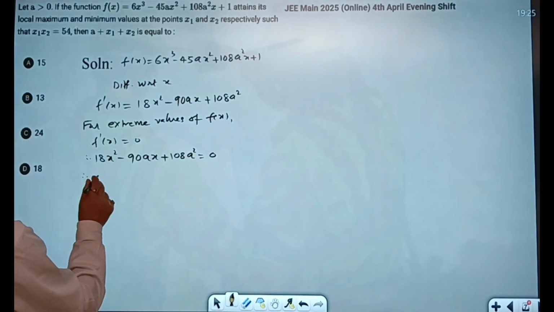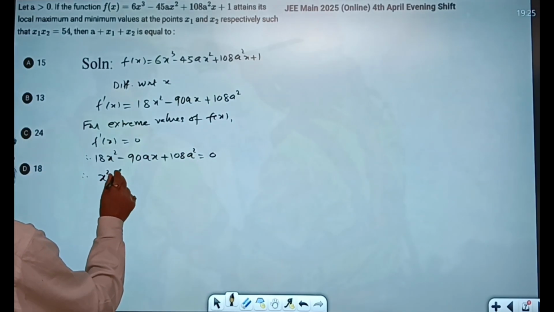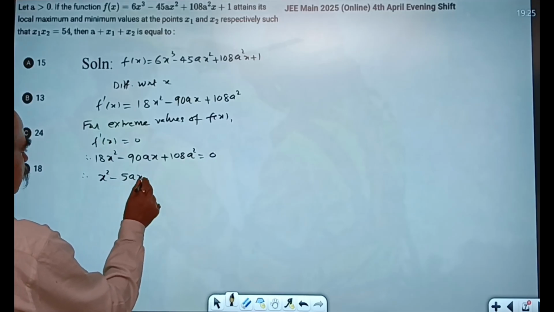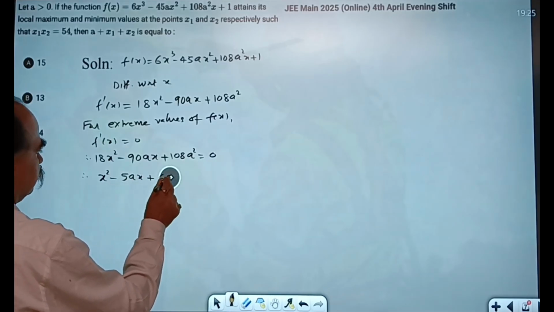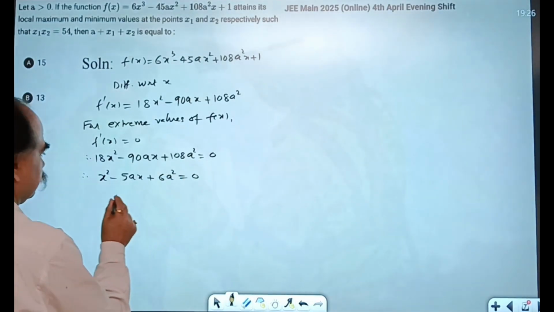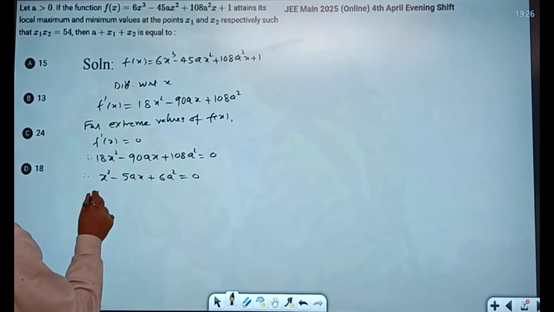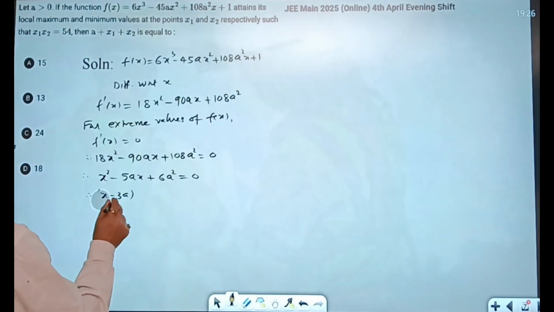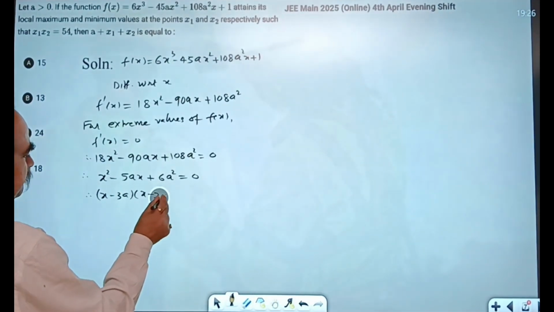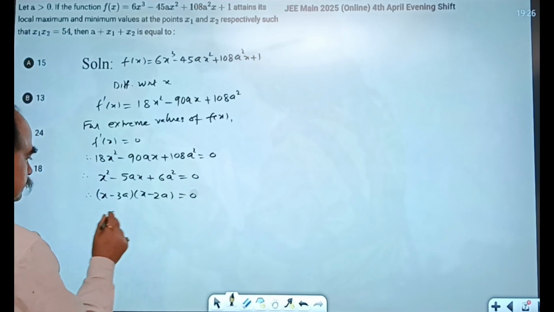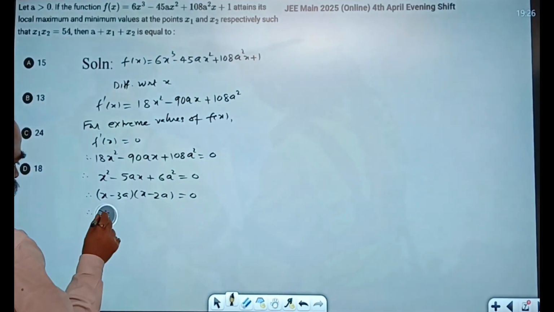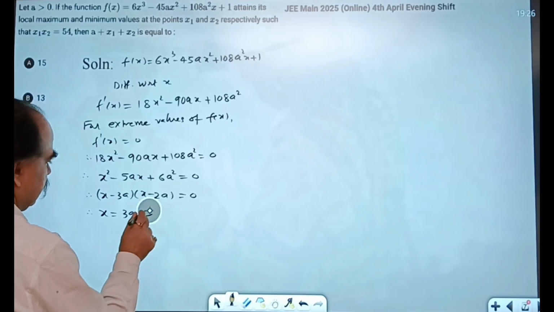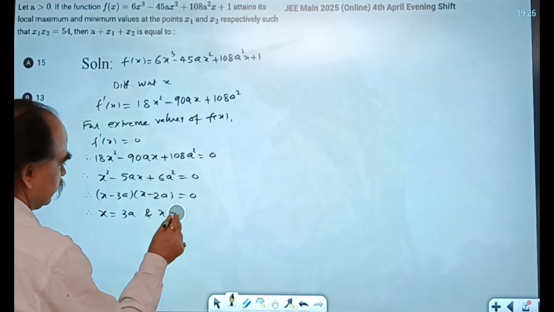Divided by 18, this gives x square minus 5ax plus 6a square is equal to 0. 3 twos are 6, so x minus 3a into x minus 2a are the factors. So x is 3a and x is 2a.